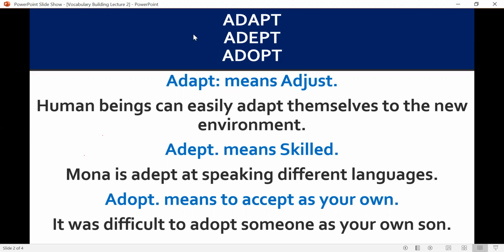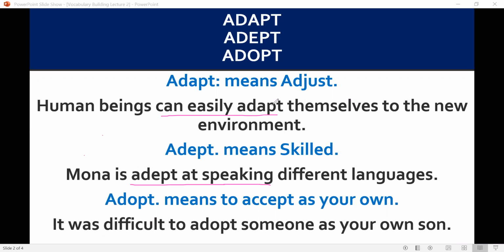Now see the difference of usage. See the construction of the sentence. Both sentences are differently constructed. Adept in speaking, can easily adapt themselves.